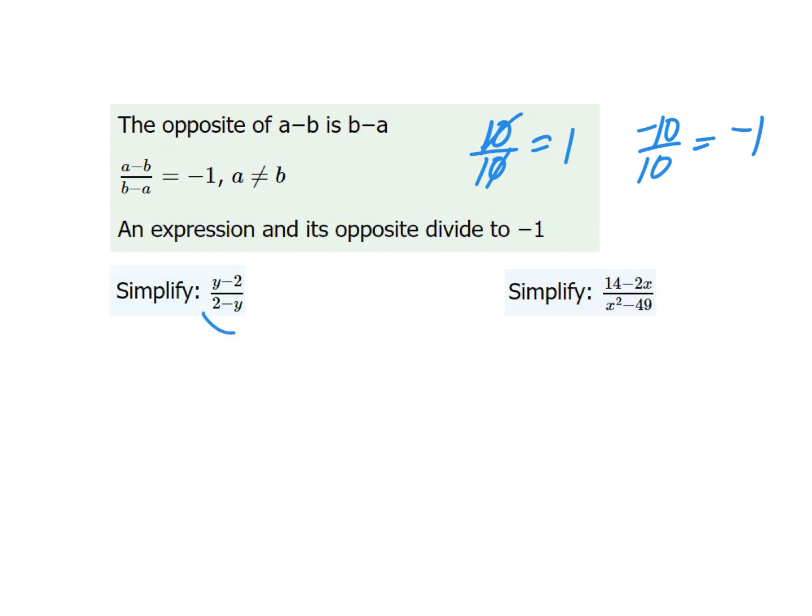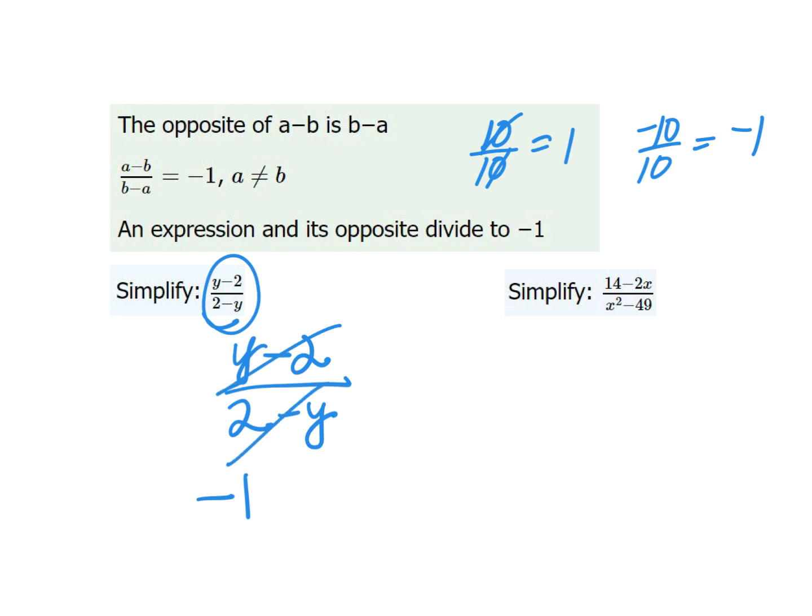And so that is the exact thing that happens here. When we look at this, y is positive, this y is negative, this is negative, this is positive. And so what we have here are opposites. So when they simplify, we can cancel those out, but it's to a negative 1.